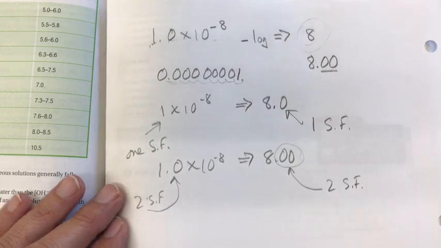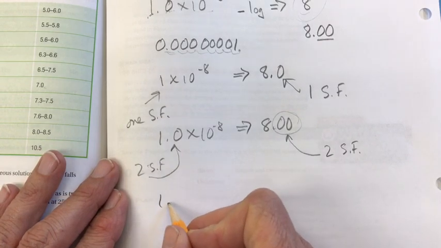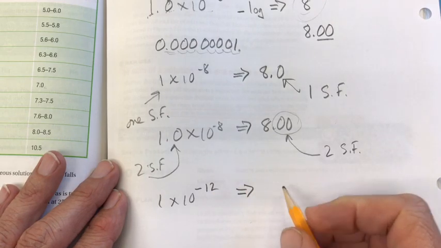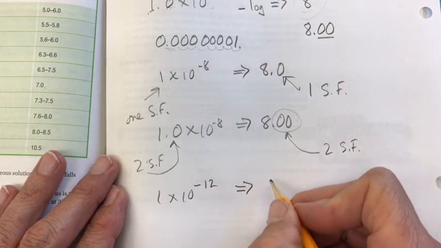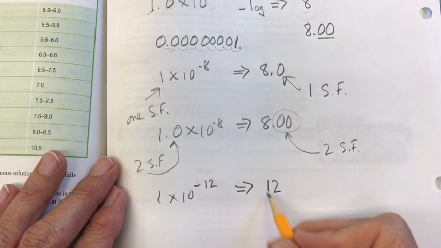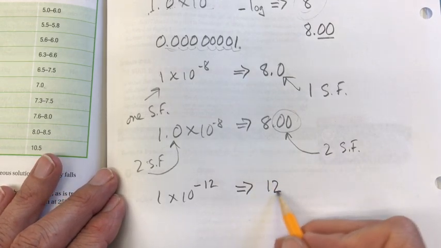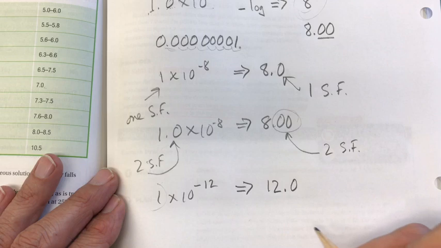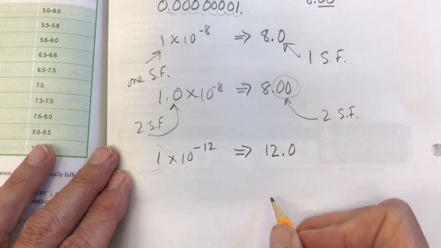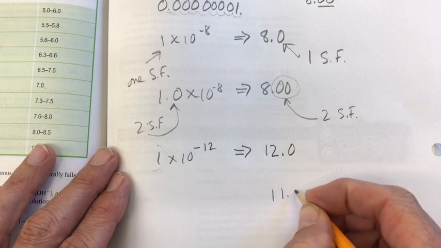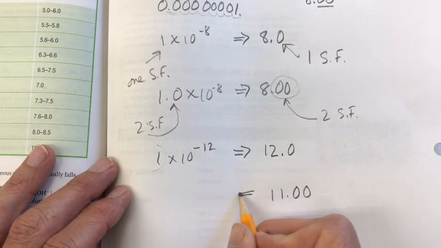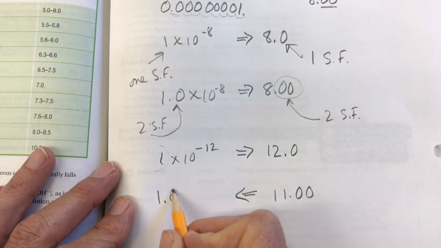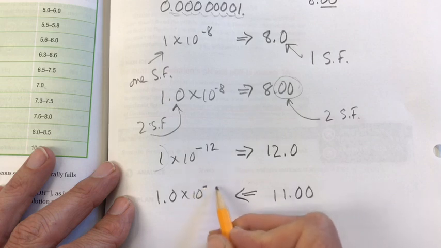And it can even be more tricky because what if we have 1 times 10 to the negative 12th? Well, how would I write that as a negative log? That would become 12. But this tells me how many decimal places to move it. That is not 2 significant figures. Here I have 1, so I need 1 over here, so I'm going to have to write 12.0. By the same token, if I have something like 11.00 and I'm going this way, I would have to write 1.0 times 10 to the negative 11.